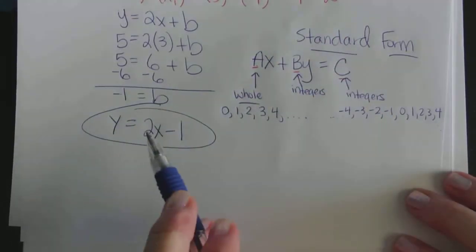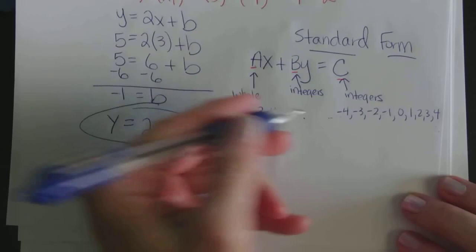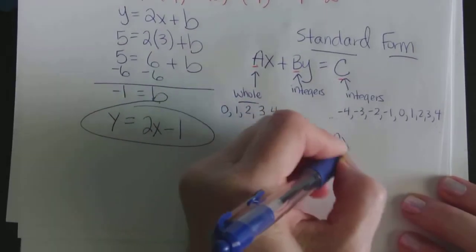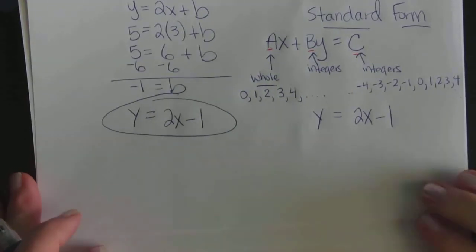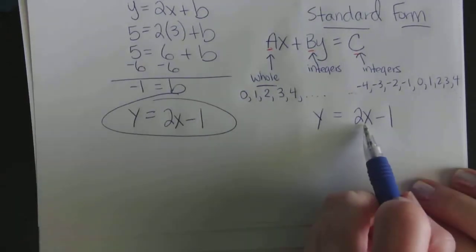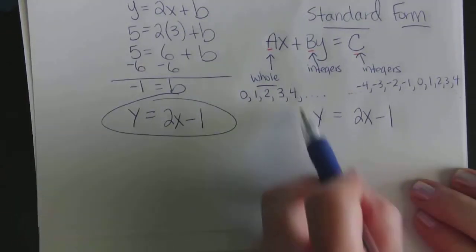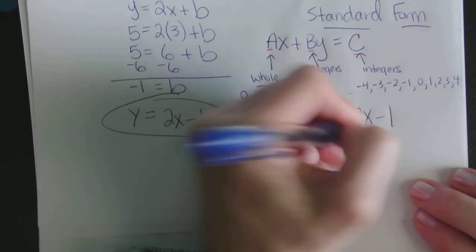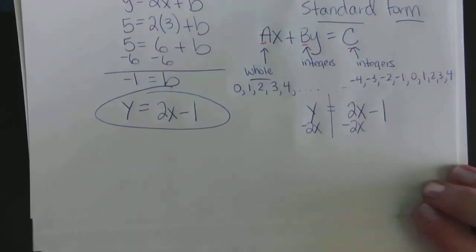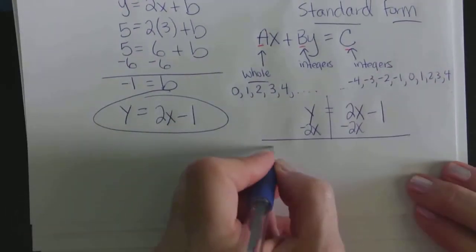Okay, so how do we change slope-intercept to standard? Well, let's take y equals 2x minus 1. The first thing I like to do is move my x over to the front because that's where it belongs. So I'm going to subtract 2x from both sides.